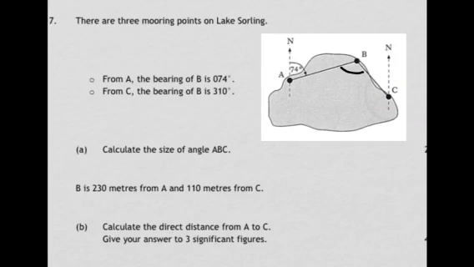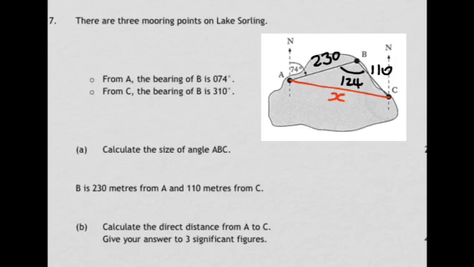Okay, we know this angle in here is 124, we've just worked that out. Question tells us that B is 230 from A, so we know that size there is 230, and we know it's 110 from C. We are asked to find the distance from A to C, so we are asked to find this distance across here.